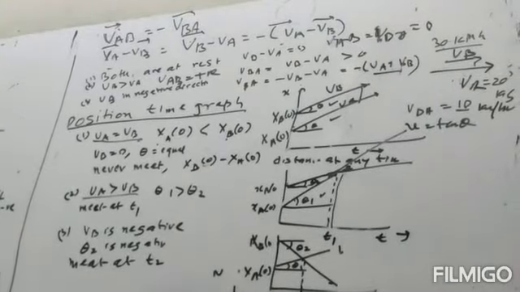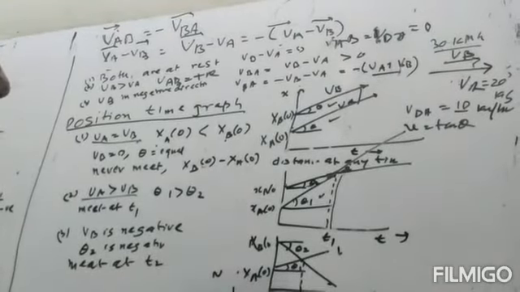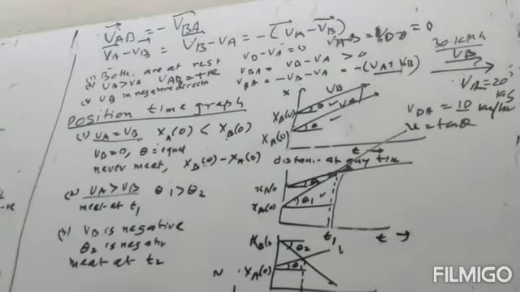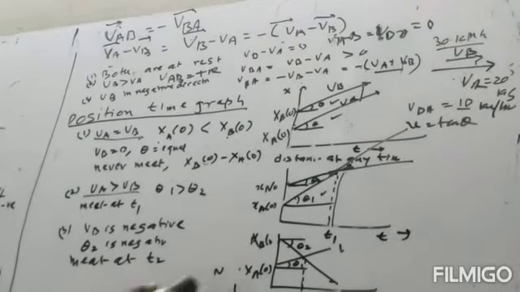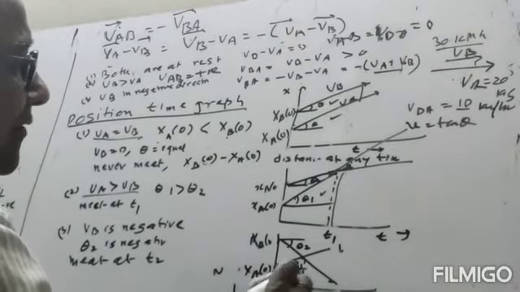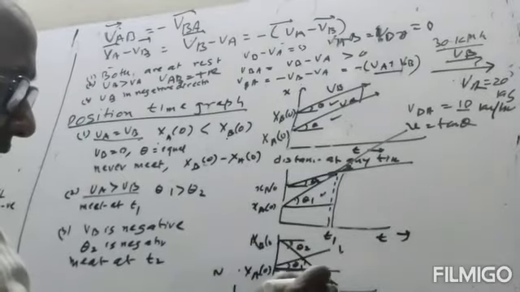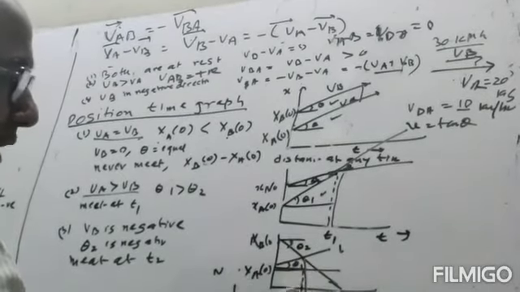Now third case, if B is moving with a negative velocity. So when velocity is negative, theta is negative. So here it is the theta 1 velocity and here theta 2 minus. So at this time t2 they will meet.